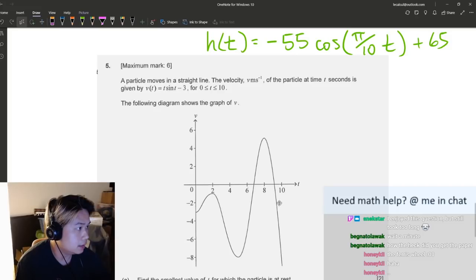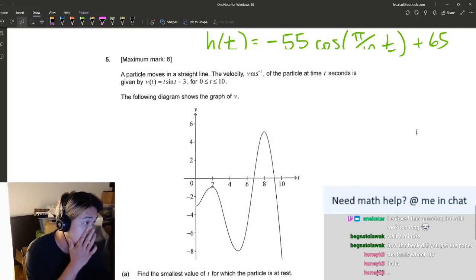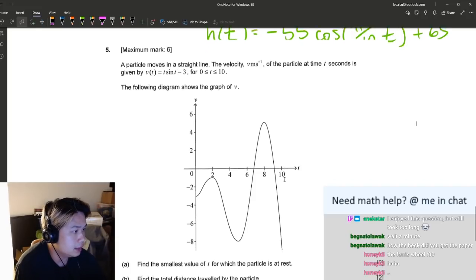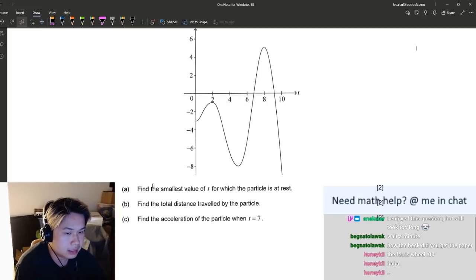Okay, this looks like some calculus. We have a particle moving with a velocity given by this function from 0 to 10 seconds. Here's a graph of the velocity. Find the smallest value of t for which the particle is at rest.